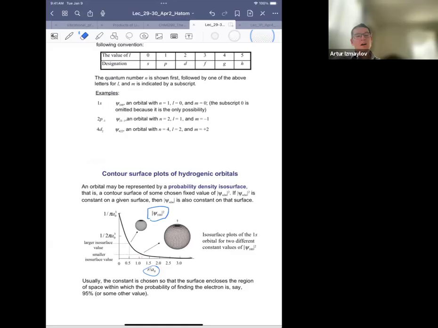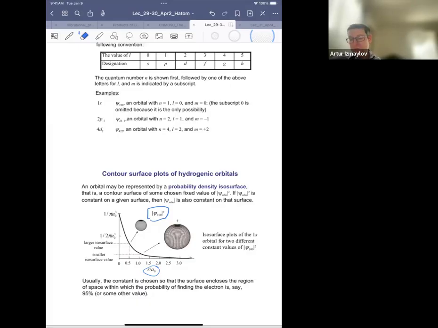Even though plots are all 2-dimensional, with a little bit of art skills we can show 3-dimensional plots. But if you think about it, a function of 3 dimensions requires 4 dimensions to plot, because 3 coordinates show how the function changes, and then there is a value of the function. That's the fourth coordinate. So there is no chance you can draw a three-dimensional function represented in a three-dimensional space.